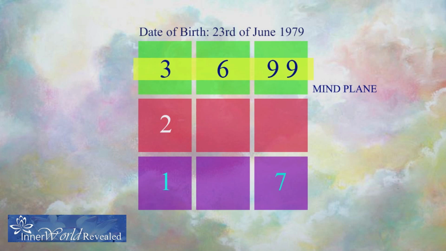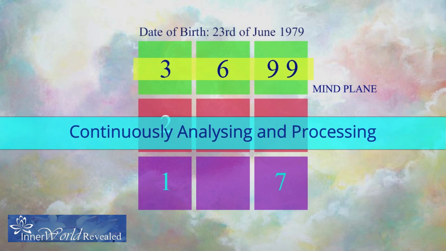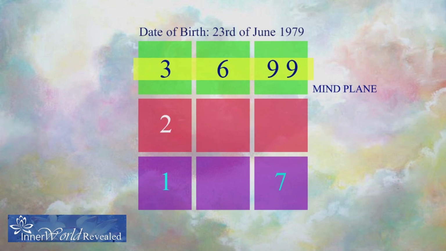An active mind means that the person is continuously thinking, and it could be good, it could be bad, but the person is continuously analyzing, processing, and sometimes even over-processing. When they over-process, they might even become irritable, they might get headaches, and they could be exhausting their brains.